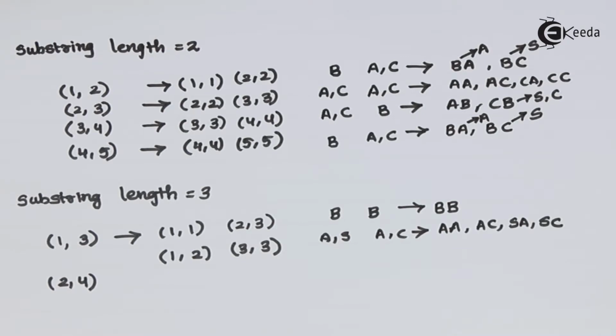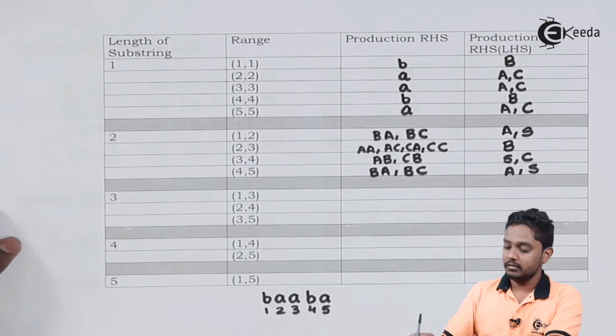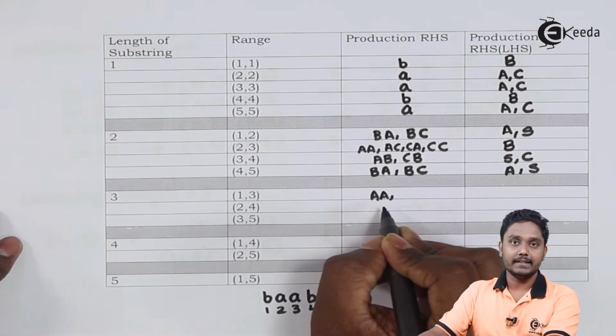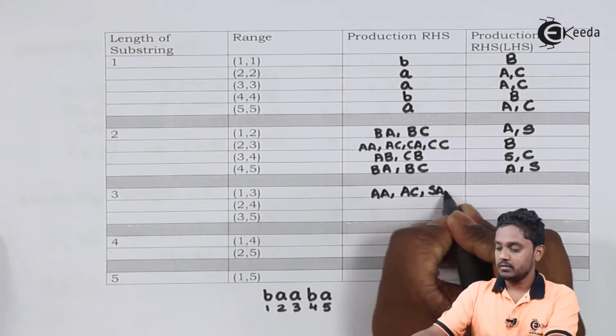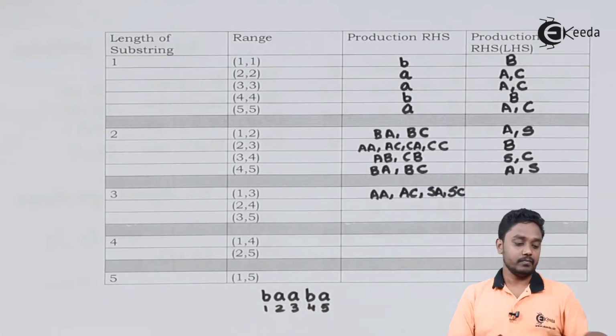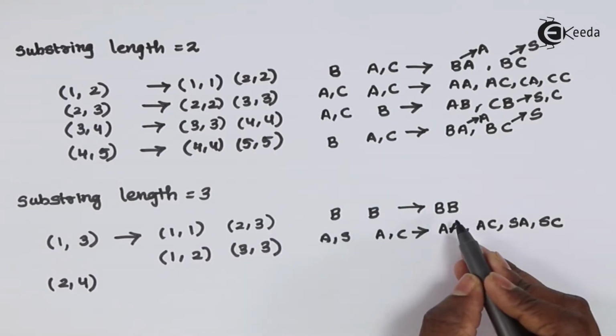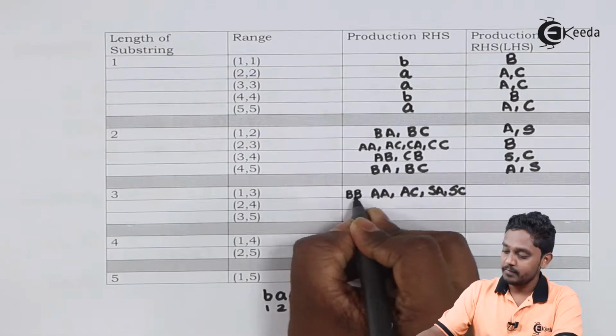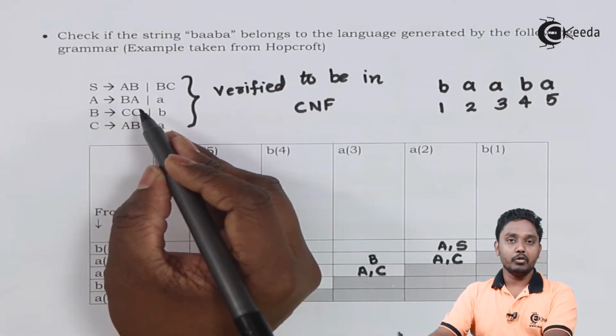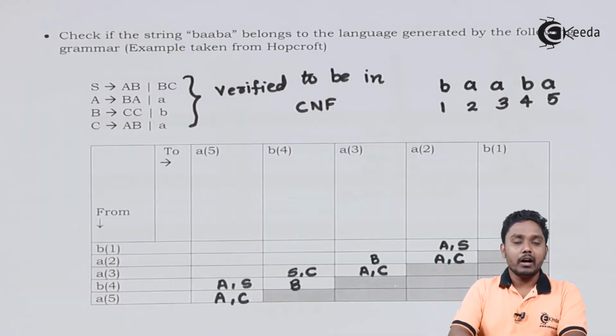First, let us write down the RHS. They were AA, AC and SC. And other than that, we had one more case which produces BB. We see that BB is not produced by using any symbol. None of the RHS are produced by any of the LHS in our grammar.